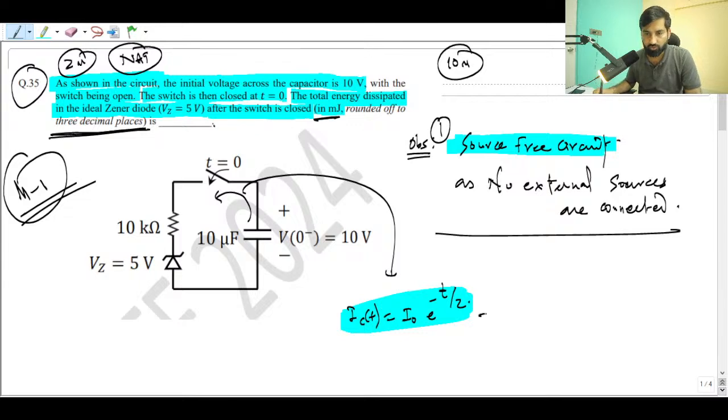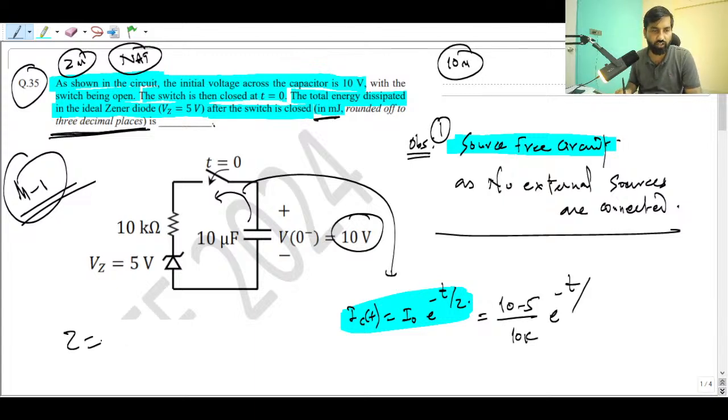So it is going to be (10 minus 5) by 10 k times e raised to power minus t by tau. What is tau? Tau is the time constant, RC, which is 10 into 10 raised to power minus 6 times R.